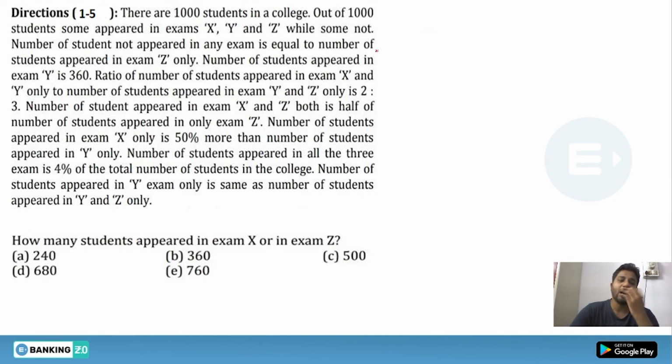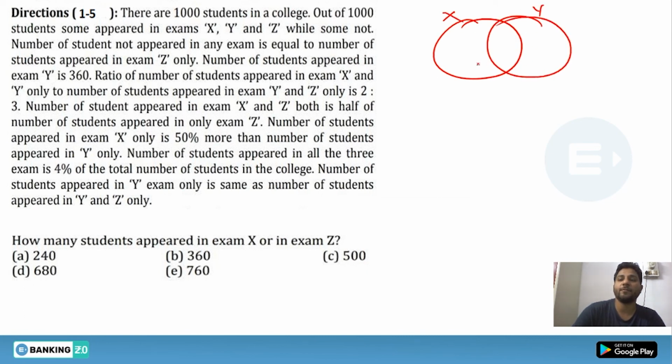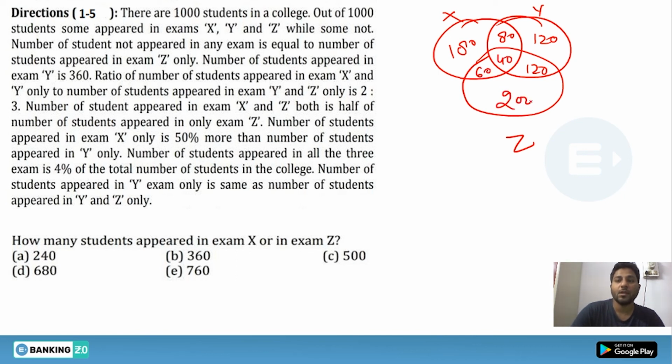Let's go ahead. How many students appeared in X or Z? Look at this data. We need to figure out the OR condition. We have to eliminate this double part. Look at this common part. We will take this part only once.